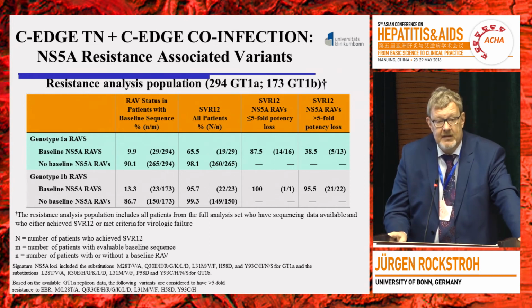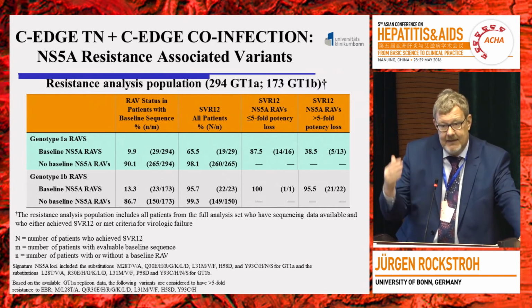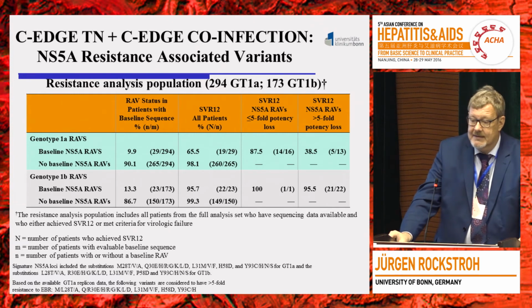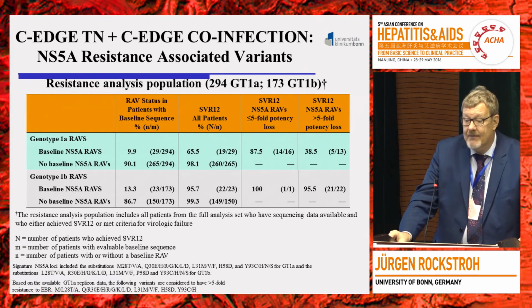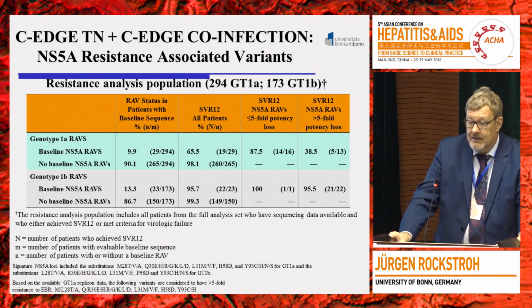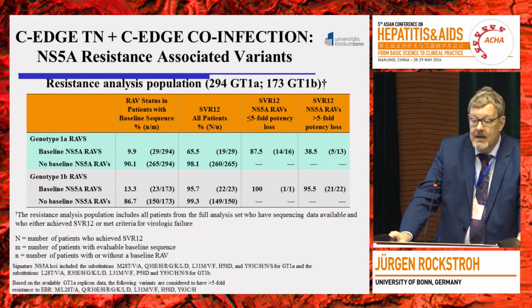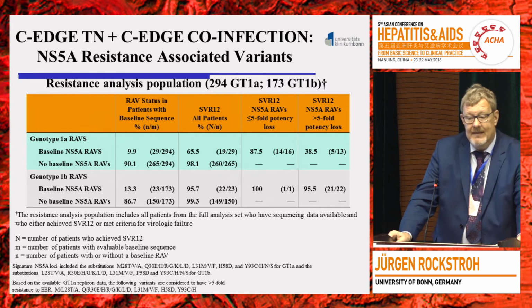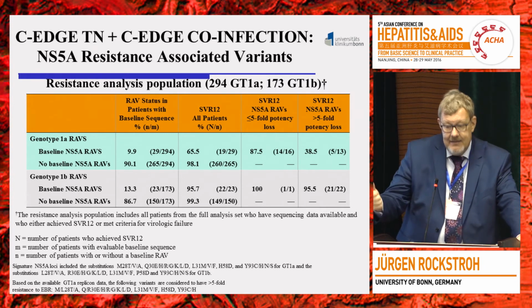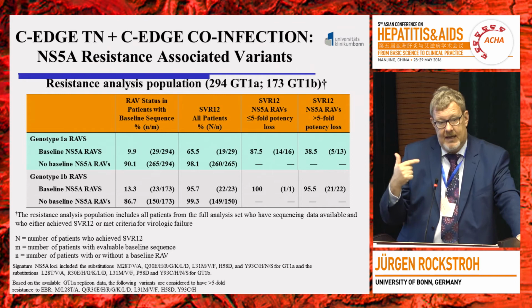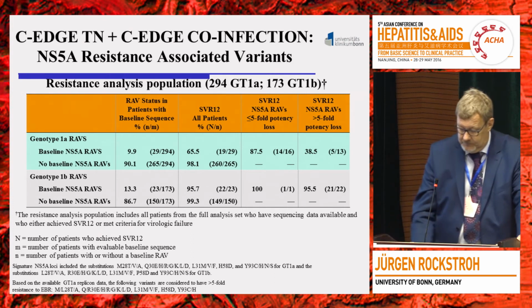However, in the genotype 1A patients, and that's the basis of the label in the United States, which requires resistance testing, you can see that if you do have those particular mutations which are listed in the footnotes here, so the 28, the 30, the 31, the 93, then actually you do have only a cure rate of 38.5%. So in the setting of genotype 1A, that is the only genotype subtype where the presence of NS5A mutations have an impact for that particular drug combination.